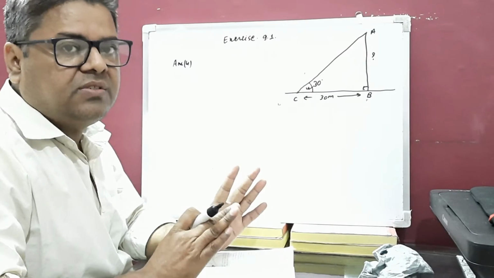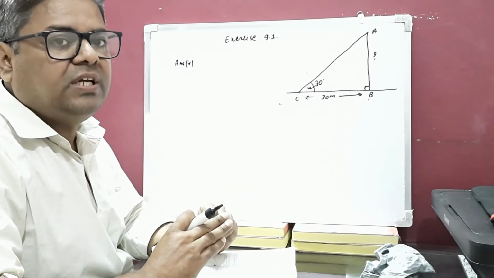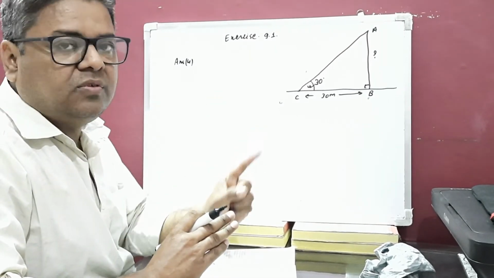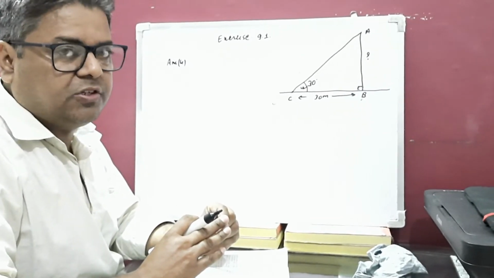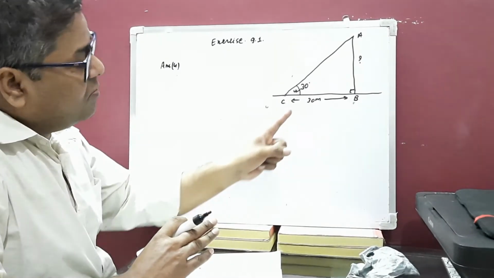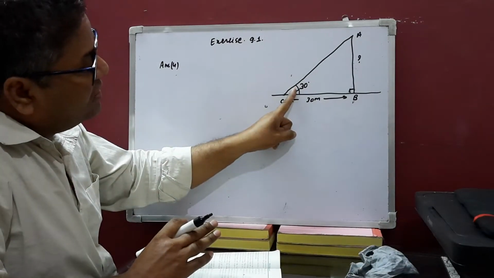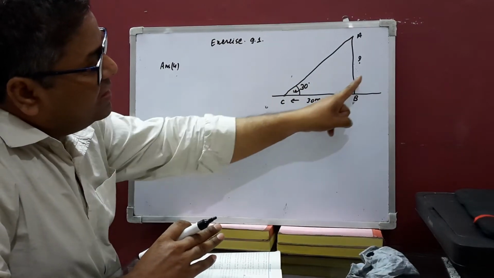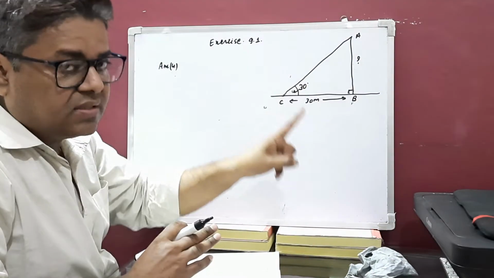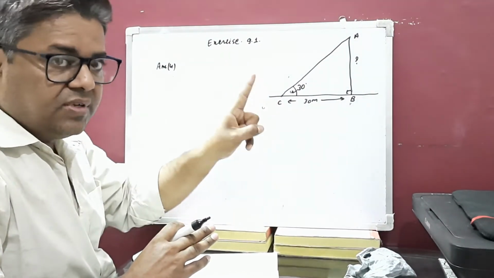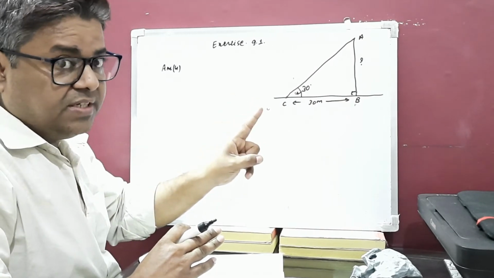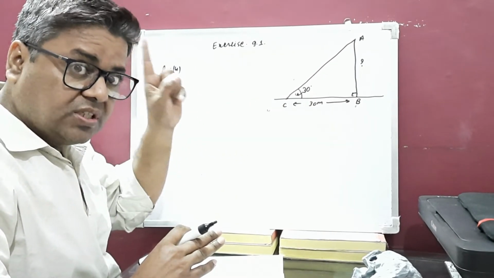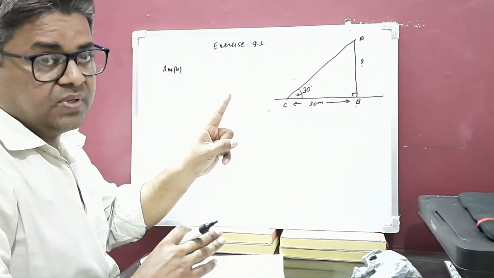So please watch that video carefully and remove all your doubts regarding base, perpendicular and hypotenuse. Hence, for this angle, this is the base and this is the hypotenuse. This concept will be cleared when you see that video. So I recommend you to watch that video.